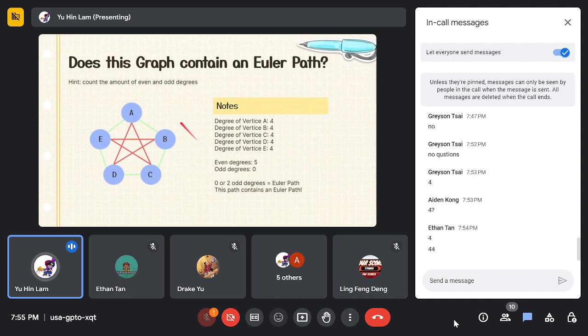After we count all of these nodes, we find that they all have a degree of 4. So we have 5 even degrees and 0 odd degrees. If we have no odd degrees, or only 2 odd degrees, then that's an Euler path. So this graph has an Euler path.